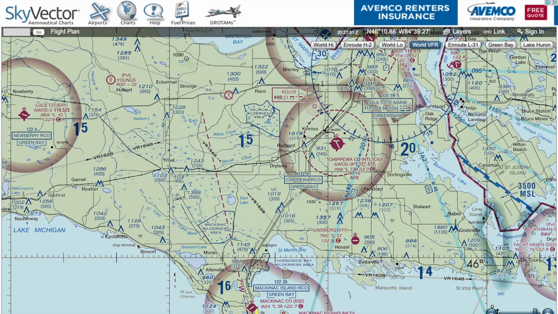Now, this dashed magenta line is what they call a Class E surface area. That drops Class E all the way to the surface. Guess what? Can we fly in Class E airspace? No, we cannot, unless we have authorization, of course.